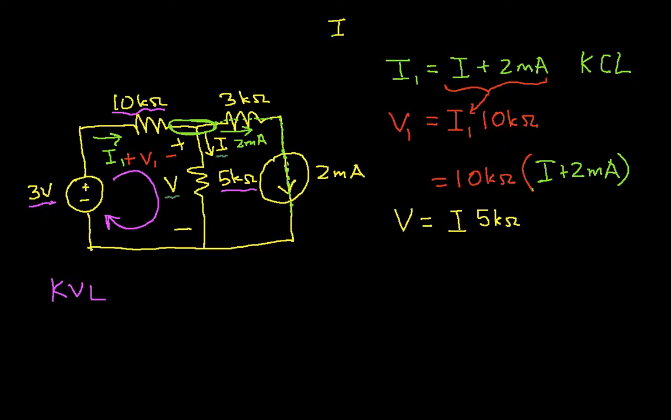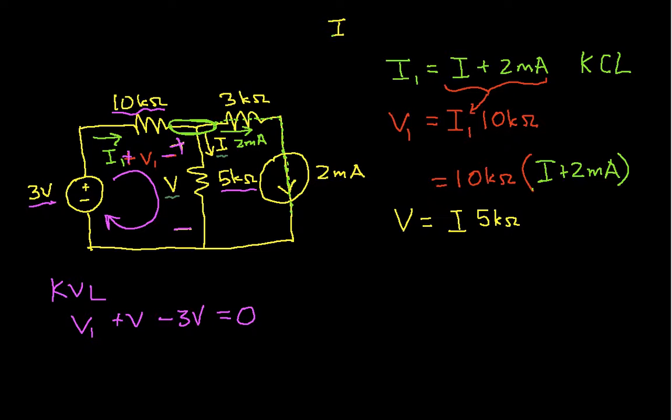If I do that, I have V1, the voltage across the 10K ohm resistor, going from positive to negative, plus V, the voltage across the 5K ohm resistor, minus 3 volts. I have a negative sign here because I'm going from negative to plus on the 3 volt source, is equal to 0.